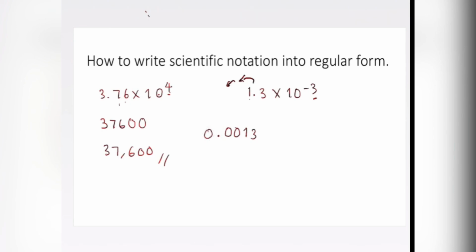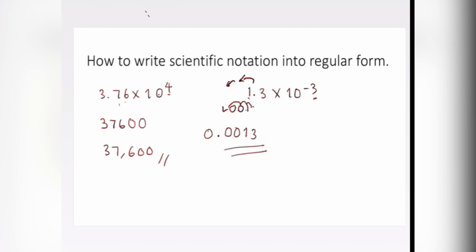See, after the decimal point, 1, 2, 3. Here your decimal point is moved 3 times back. That means your number is 0.0013.